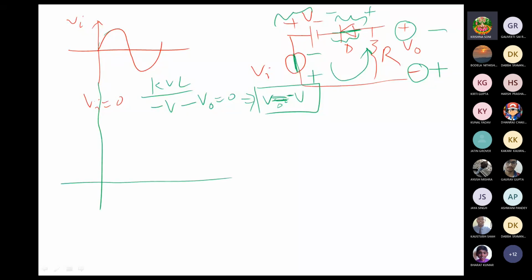When input is 0 here, our output is actually minus V. This is the output here. This is the input. So when input is 0, then our output here is minus V. Okay.